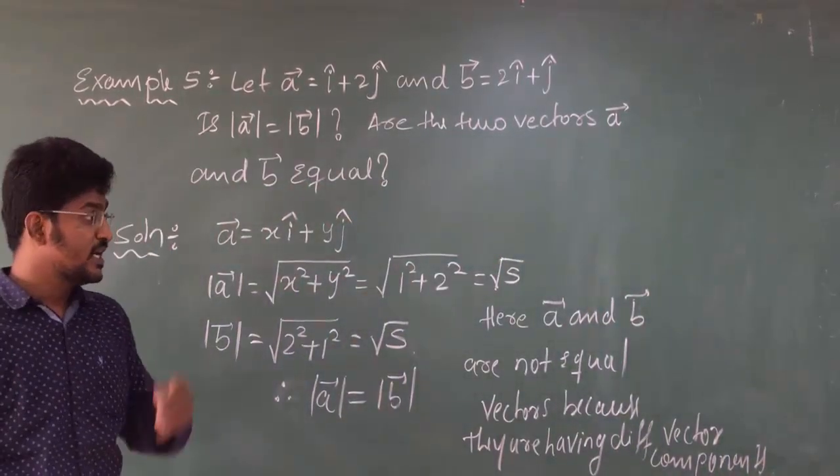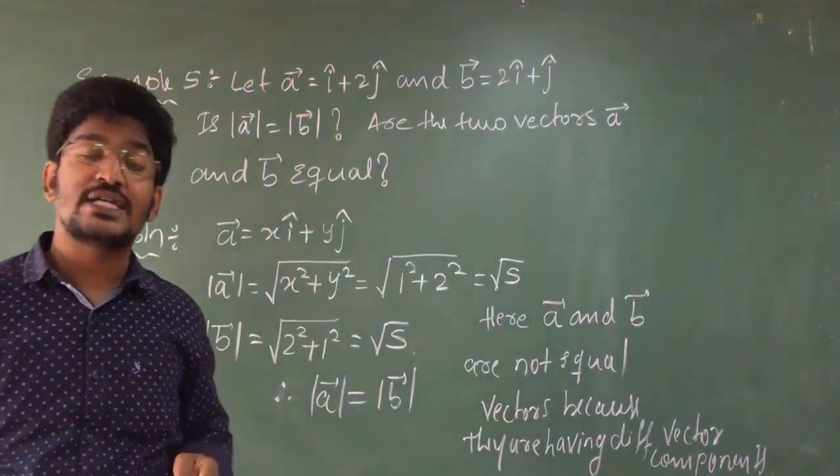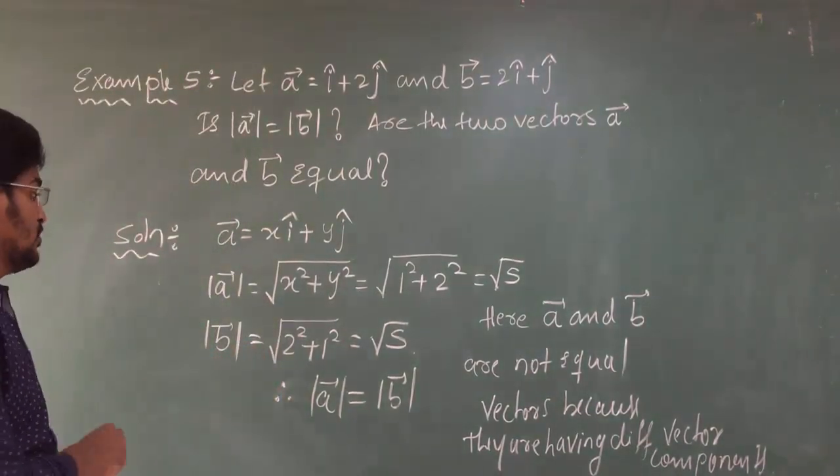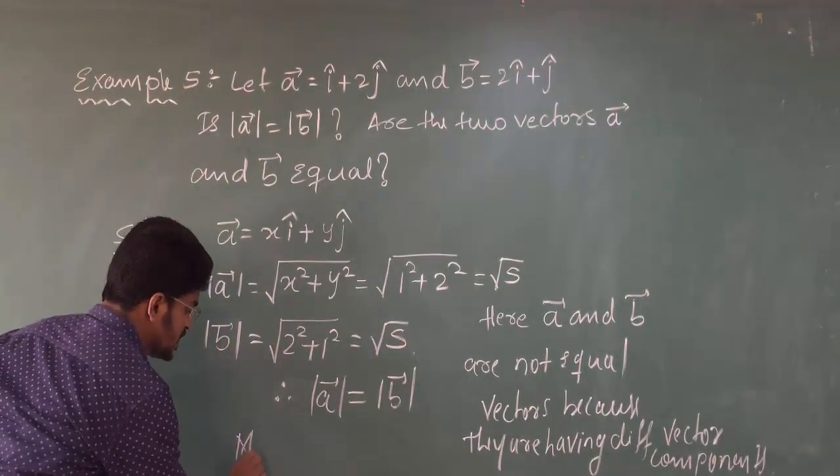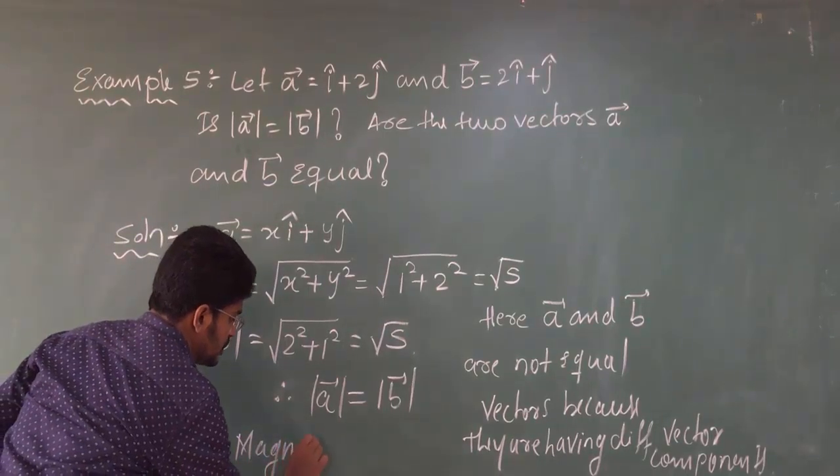So for that reason the two vectors, vector a and vector b, are not equal, but here magnitudes are equal.